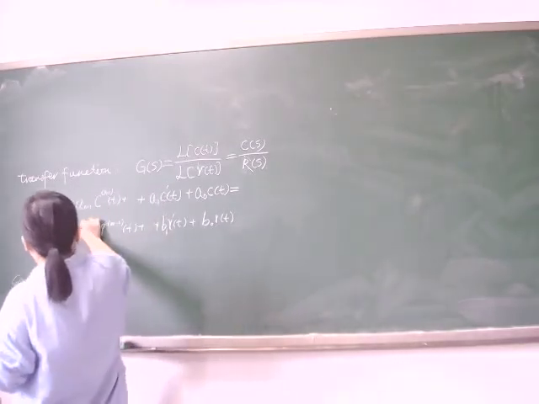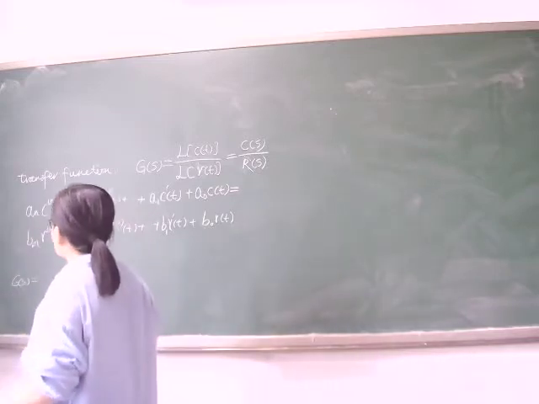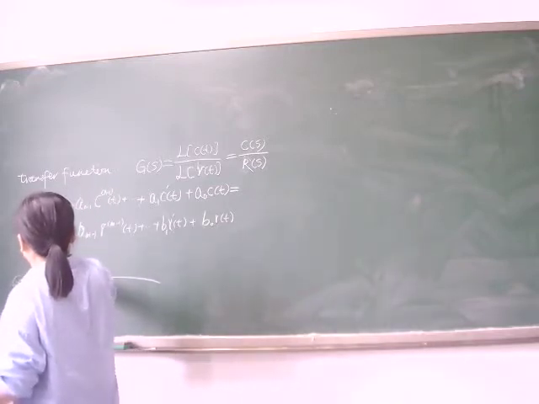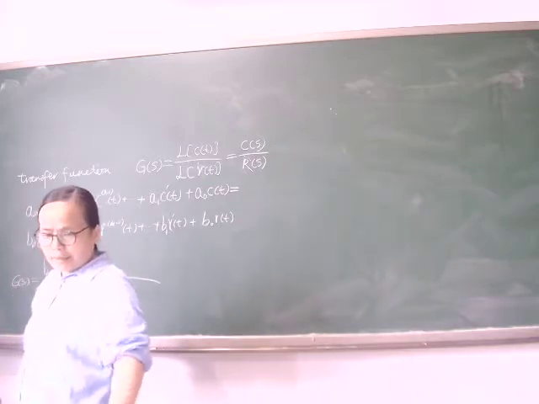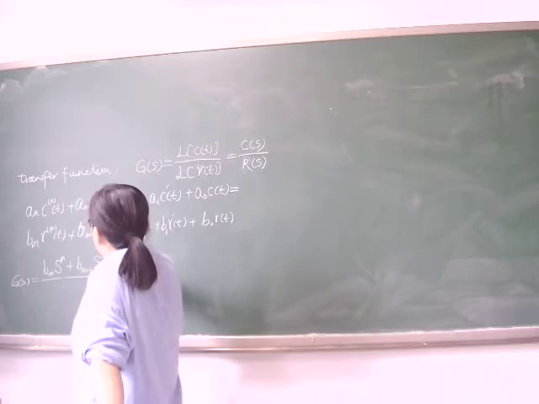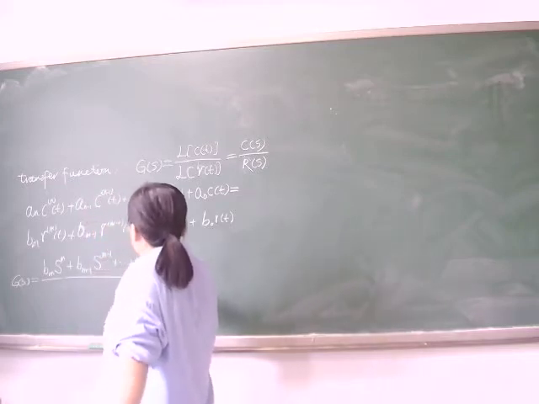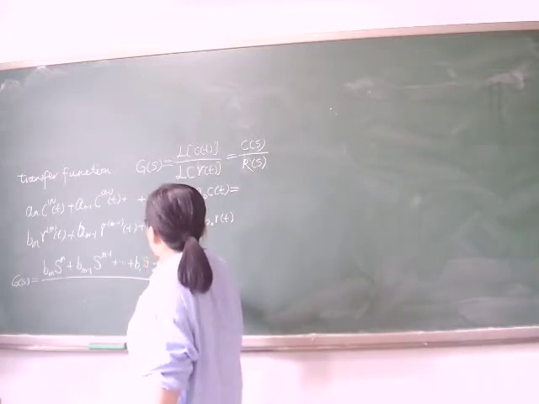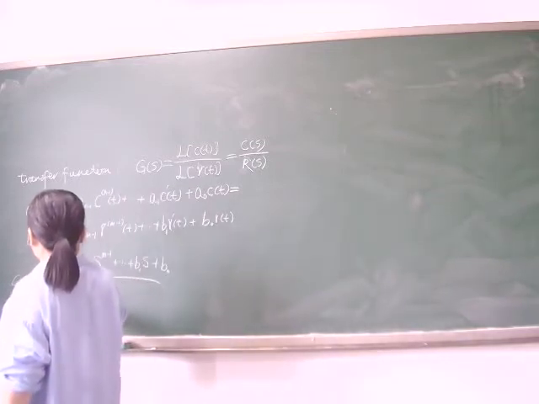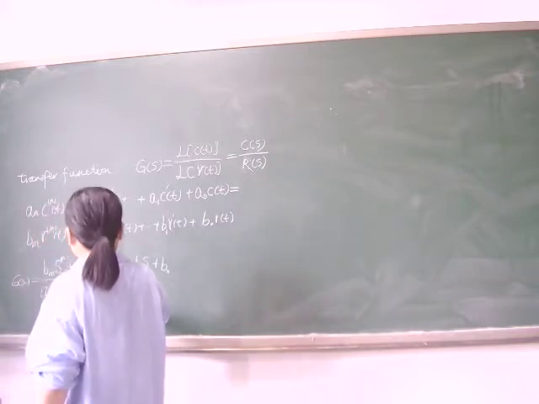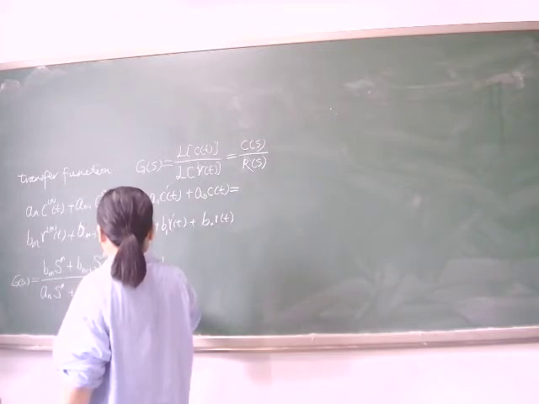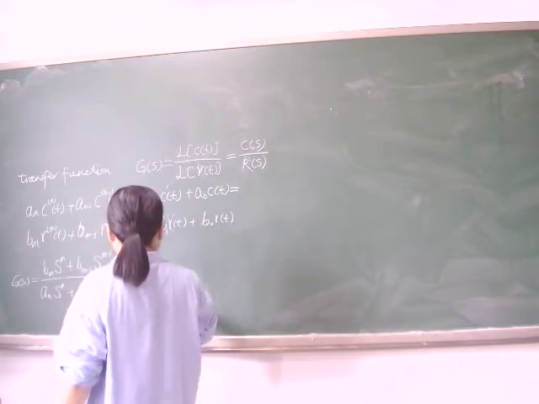Now we can see here, this is C. The left type we can get is b_m s^m + b_{m-1} s^{m-1} + ... + b_1 s + b_0 over a_n s^n + a_{n-1} s^{n-1} + ... + a_1 s + a_0.